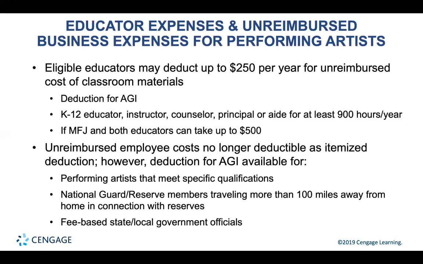Unreimbursed employee costs are no longer deductible as an itemized deduction. With the TCJA, there were several itemized deductions that were done away with, and this is one of them.